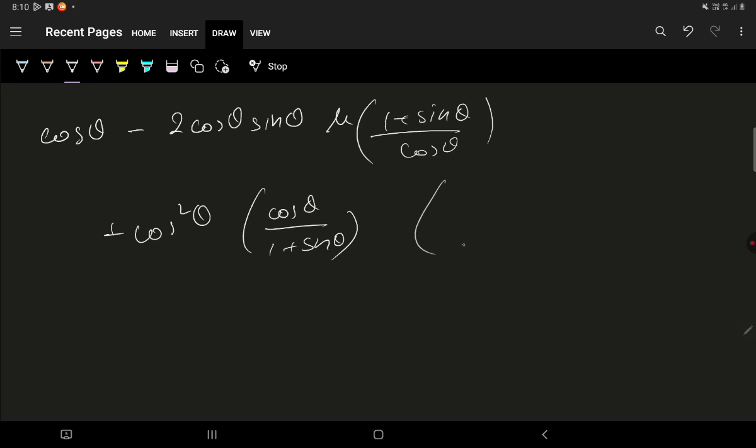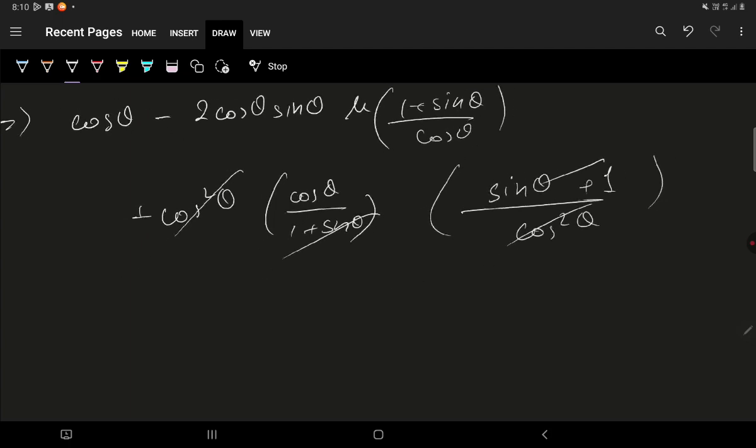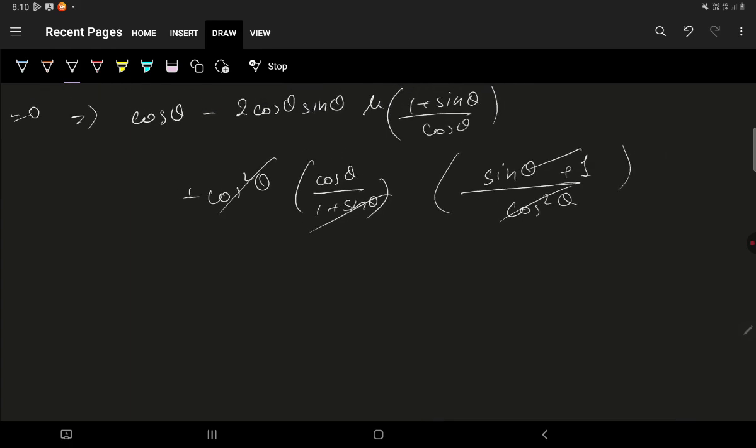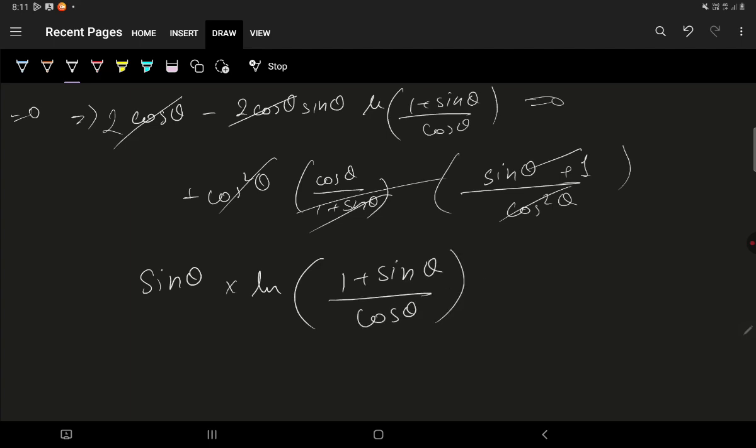Cancelling out all the non-required terms, we'll end up with 2 cos theta equal to 0 cancelling, and we'll get sin theta into ln of 1 plus sin theta by cos theta equal to 1.